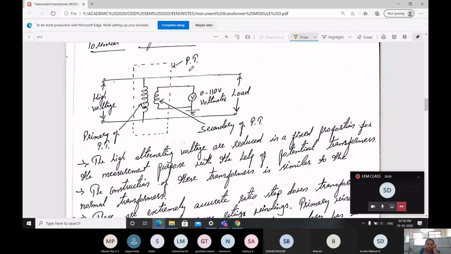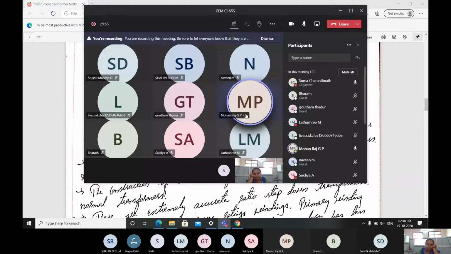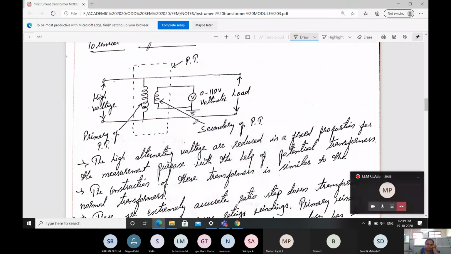Then this is the secondary of the potential transformer. At the secondary, a voltmeter with a range of 0 to 110 volts is connected, and the load is connected.